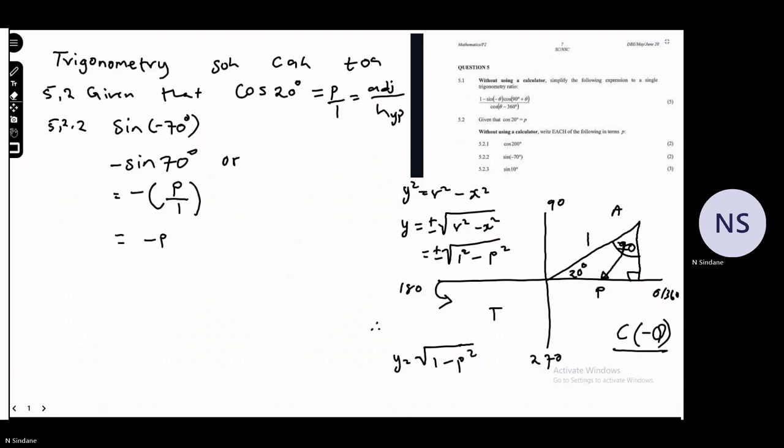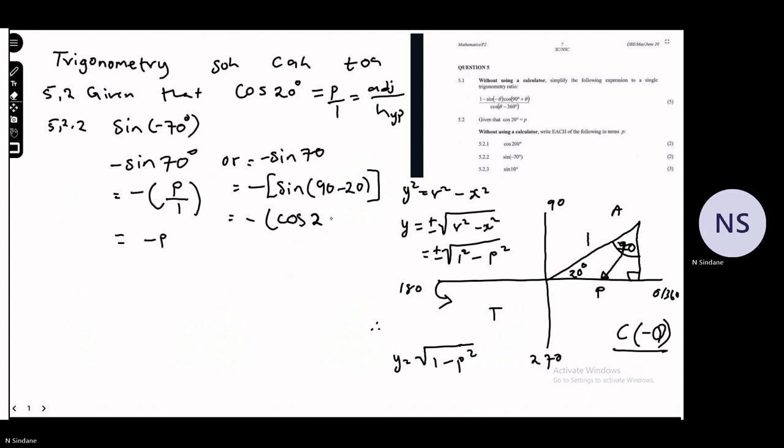This is the first step that you could have used. The second step is to say, I still have negative sine of 70, right? So this will be negative into sine. If I say 90 degrees minus 20, I'm going to get 70, right? And then this will be negative into what?